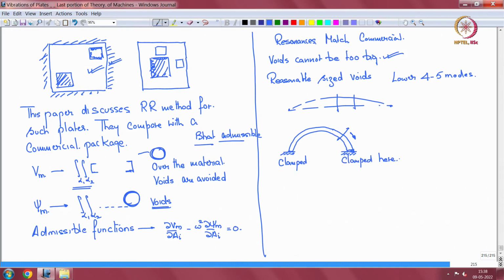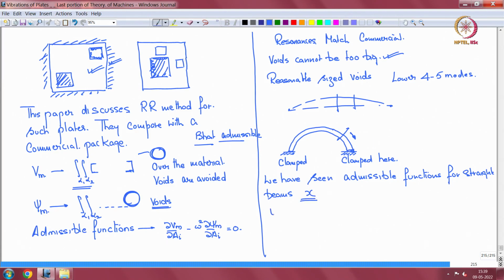Okay. So we have seen admissible functions for straight beams. For straight beams we have seen right in the beginning of Rayleigh Ritz, in the x coordinate. Now we have the coordinate in the theta direction, it is curved.